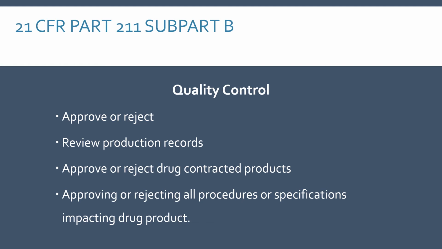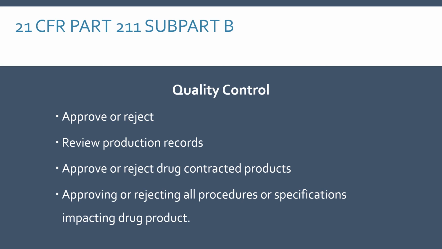Subpart B of 211 addresses requirements for quality control. It specifies that there shall be a quality control unit that shall have the responsibility and authority to approve or reject all components, drug product containers, closures, in-process materials, packaging material, labeling, and drug products.